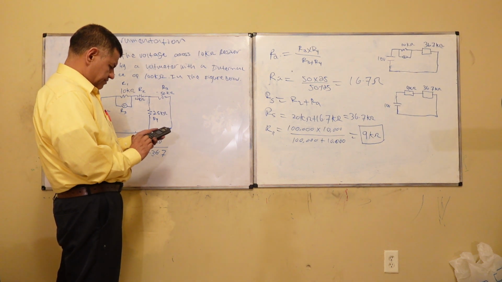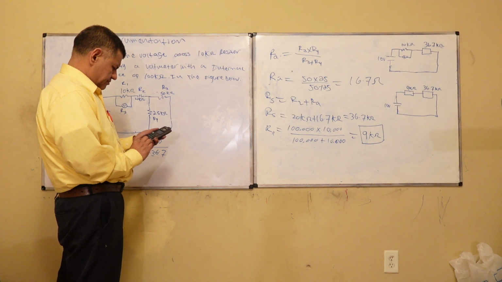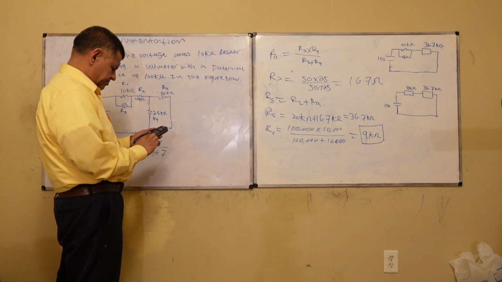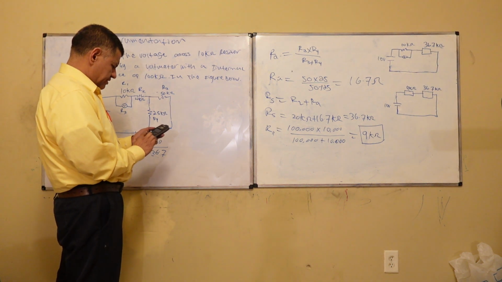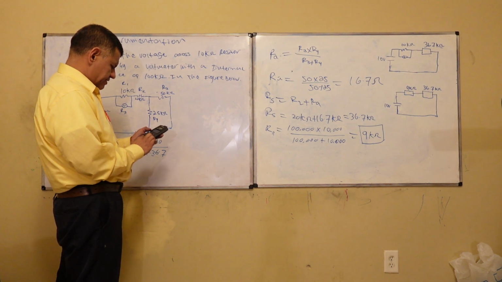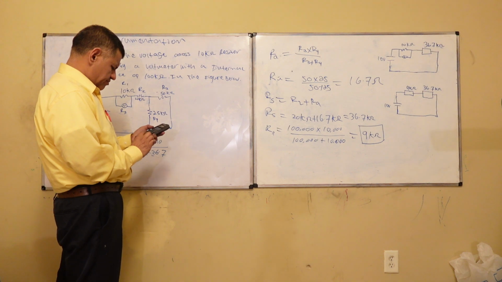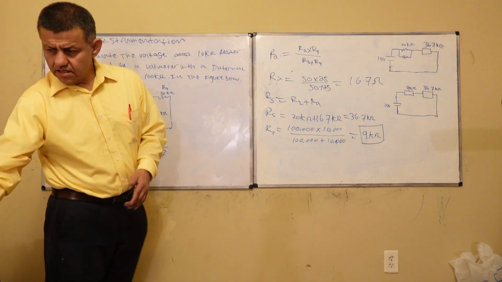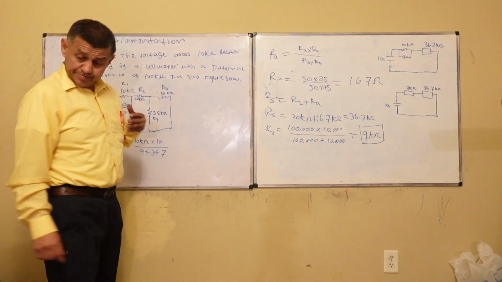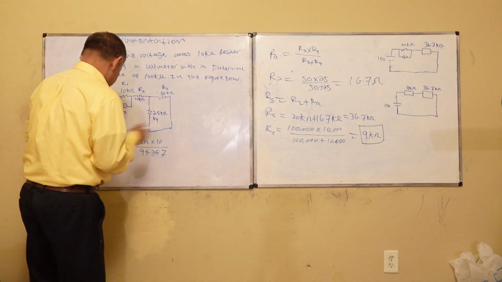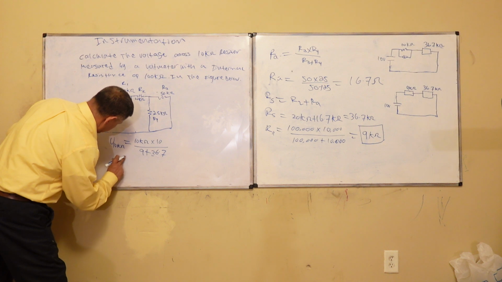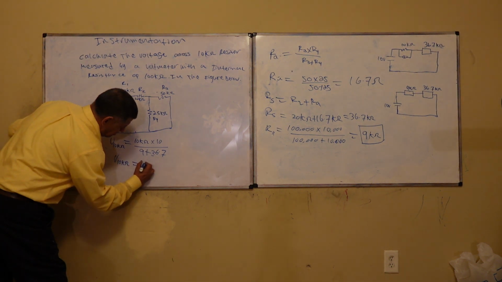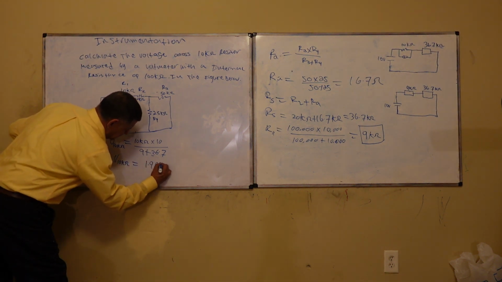So 10K times 9, divided by 36.7 plus 9, and when we do that, we get, so V across the 10K is equal to 1.98 volts.